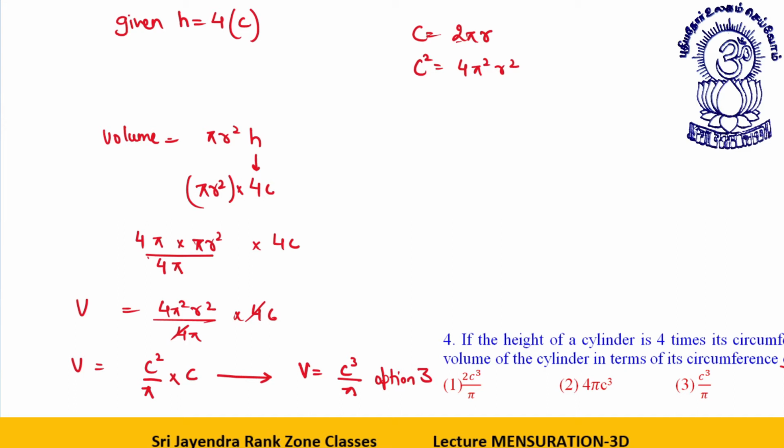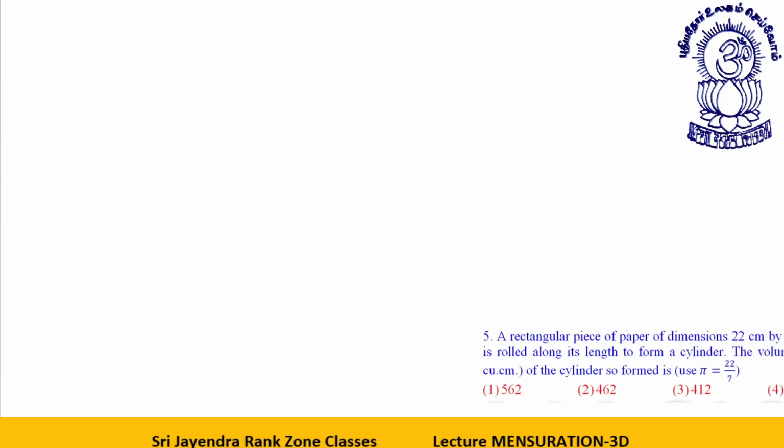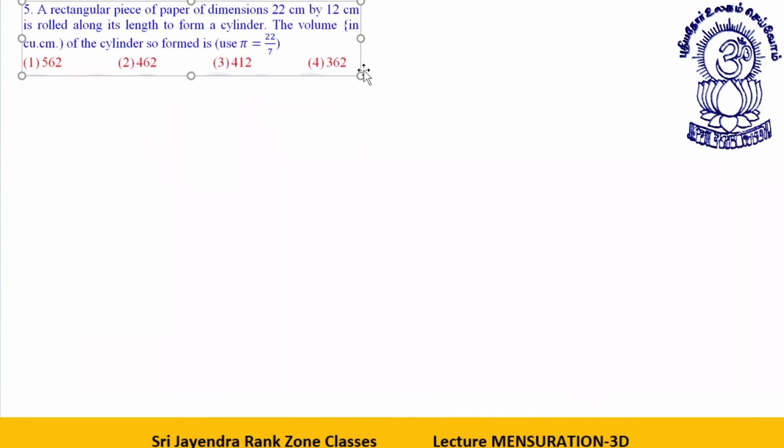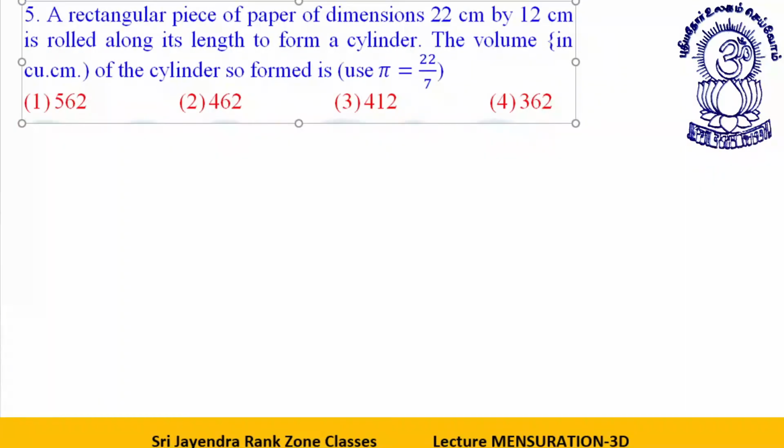Okay. Next one. A rectangular piece of paper of dimension 22 by 12 centimeters is rolled along its length to form a cylinder. The volume of the cylinder so formed is what, dear students?